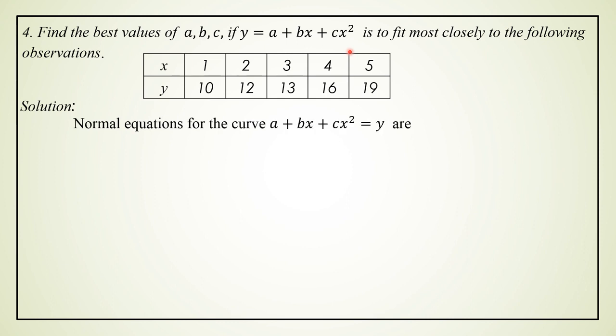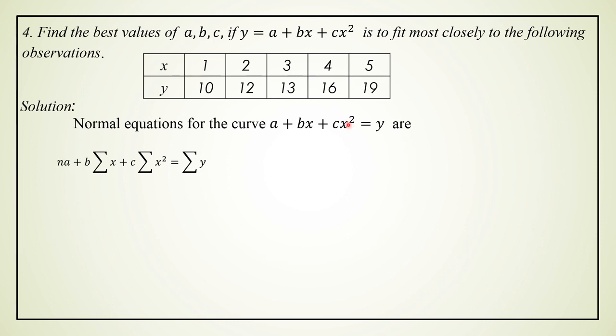The normal equations of the curve a plus bx plus cx square is equal to y are as follows. Observe here you have a into 1, b into x, c into x square. So multiply 1 throughout and take the summation of it. The first normal equation is na plus b into summation x plus c into summation x square, that is equal to summation y.